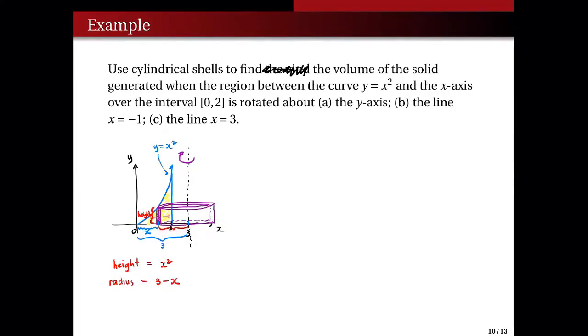It's total 3 minus this x here. So the radius is 3 minus x. Therefore, volume is the integral from 0 to 2 of 2 pi times 3 minus x times x squared dx.